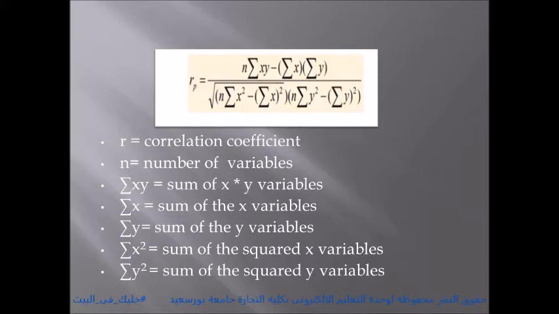This is the equation or formula to find the correlation coefficient, where R is the correlation coefficient, N represents the number of variables, summation of xy is the sum of the x variables multiplied by the y variables, summation of x is the sum of the x variable, summation of y is the sum of the y variable, summation of x squared is the sum of the squared x variable, and summation of y squared is the sum of the squared y variable.